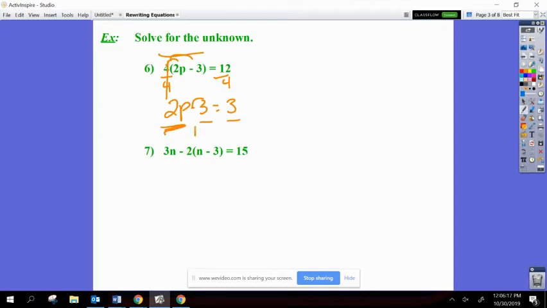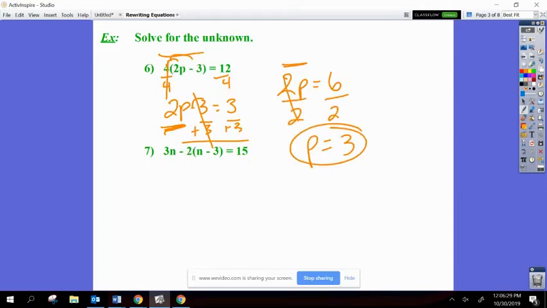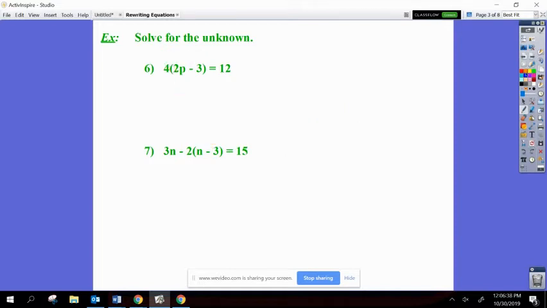By getting rid of the negative 3, I add 3 to both sides. So now I have 2p equals 3 plus 3 is 6. Now that this term has been isolated, I undo multiplication division, p equals 3. I haven't shown you anything new except maybe this division thing. But you should understand the whole process of solving, I just use some different phrases.